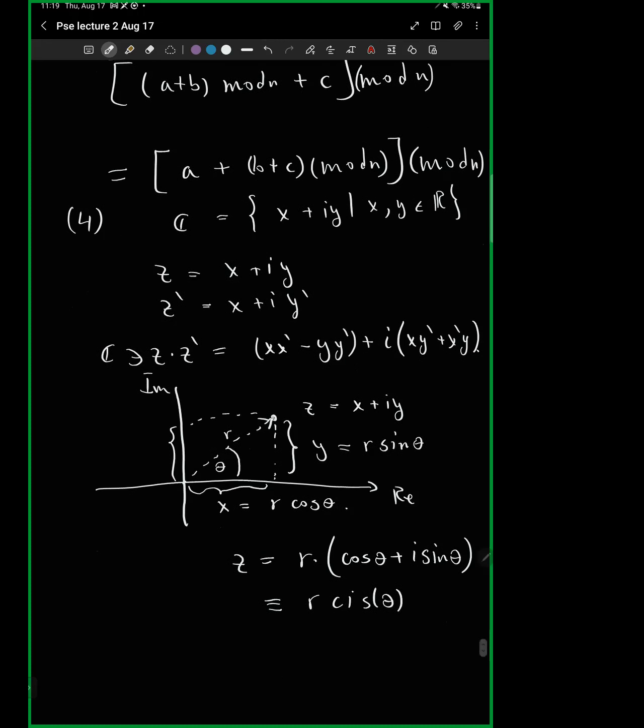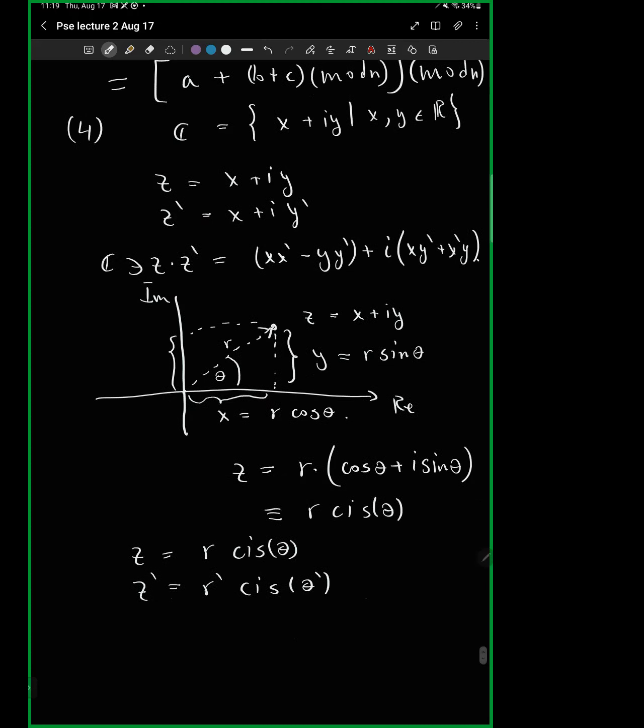And if you examine the multiplication I just defined, and you use some trigonometric identities, you will get that if z is equal to r kis theta, and z prime is r prime kis theta prime, then when you multiply, you multiply the radii, r and r prime, and you add the angles.